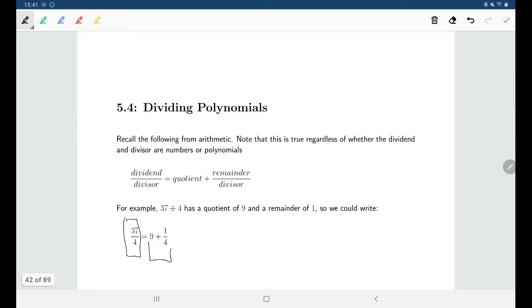That's exactly what you did when you were rewriting that one improper fraction as a mixed number. It really was the same thing, since 4 goes into 37 9 times with a remainder of 1, then 37/4 is the same thing as 9 1/4, or 9 plus 1/4.